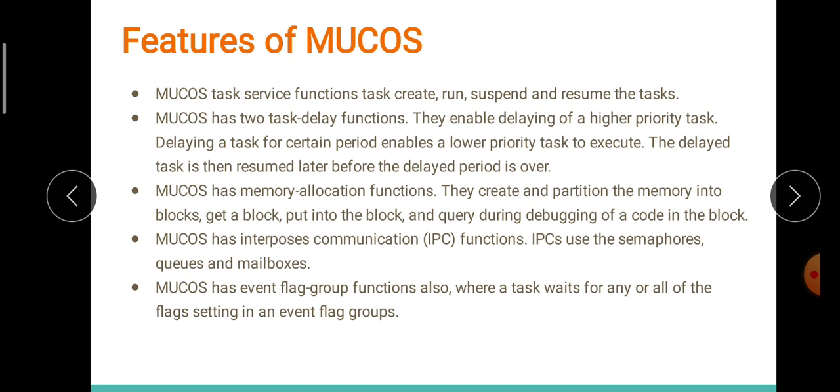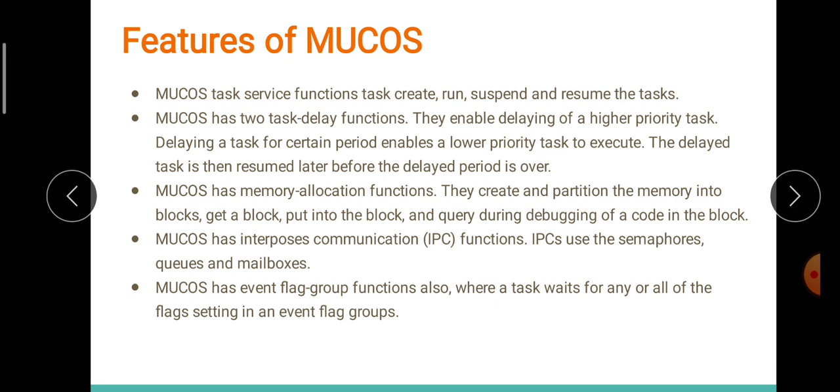Another very important feature of MUCOS is their inter-process communication, IPC functions. And these IPC functions basically use semaphores, queues and mailboxes. So these are the three very important IPC functions in the MUCOS real-time operating system.